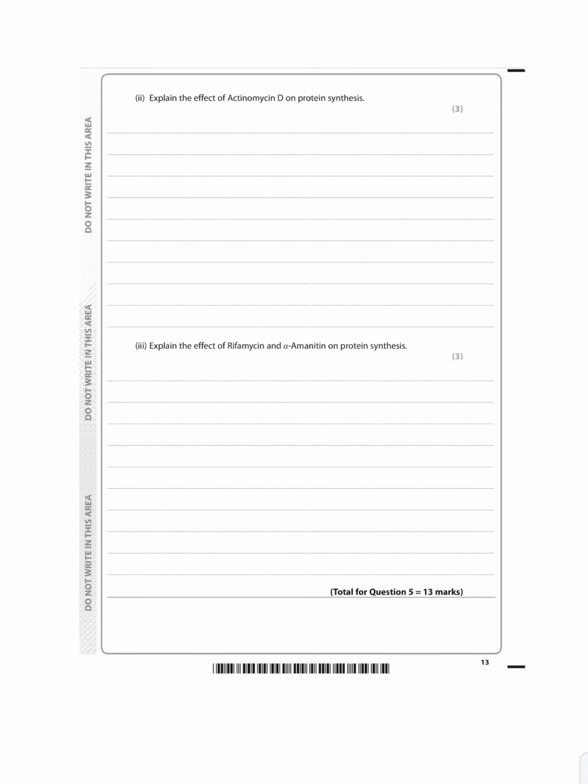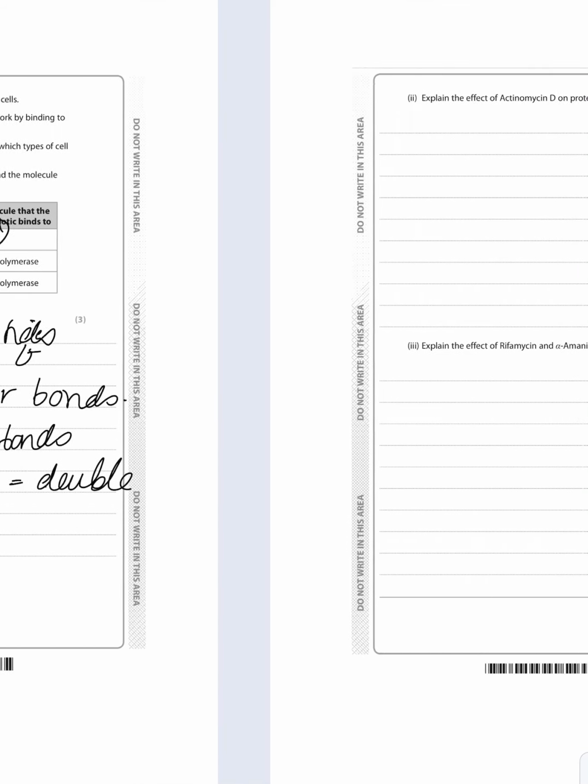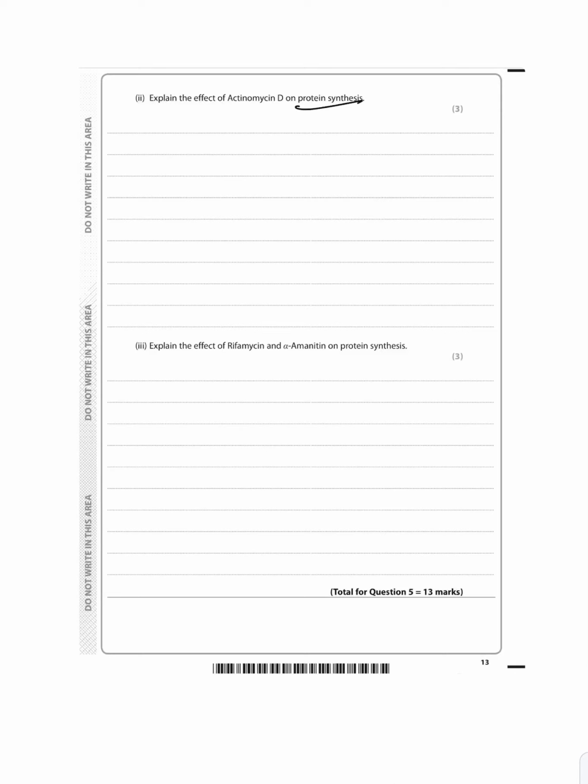Explain the effect of actinomycin D on protein synthesis. Okay, so actinomycin affects both prokaryotic and eukaryotic cells and affects them through DNA. And we know that it's talking about protein synthesis. Protein synthesis is made out of transcription and translation.